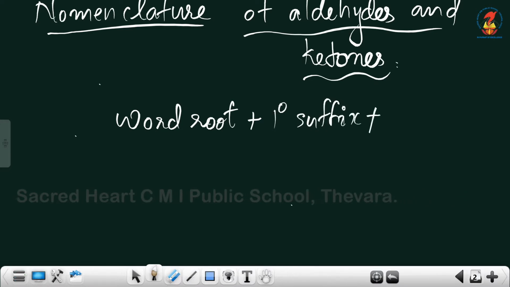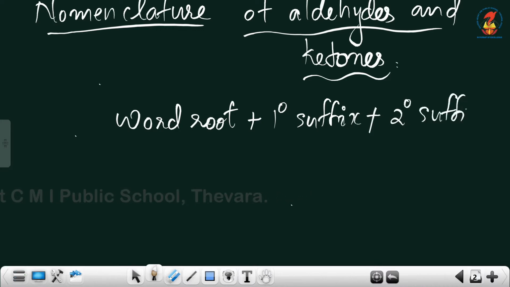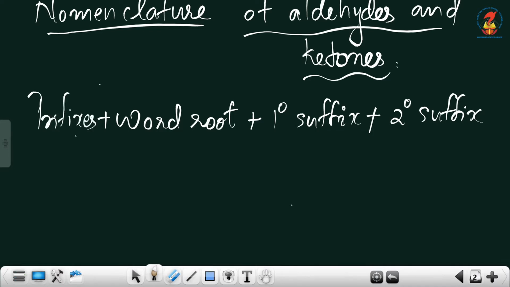Then we will write the secondary suffixes if any. Then, if there are any other functional groups present, write the prefixes. So if there are any prefixes, write the prefixes in alphabetical order.